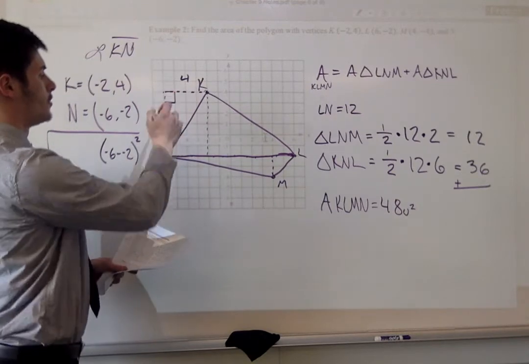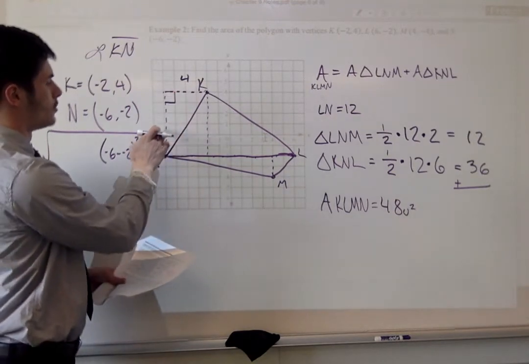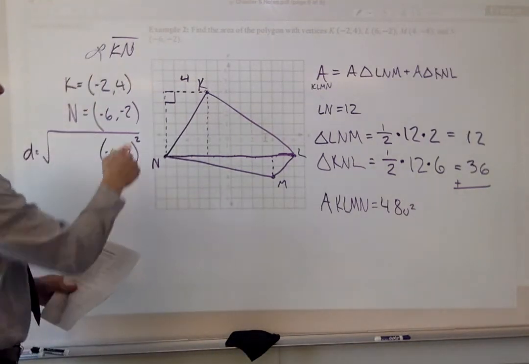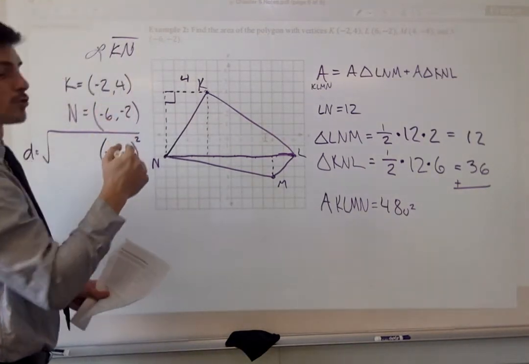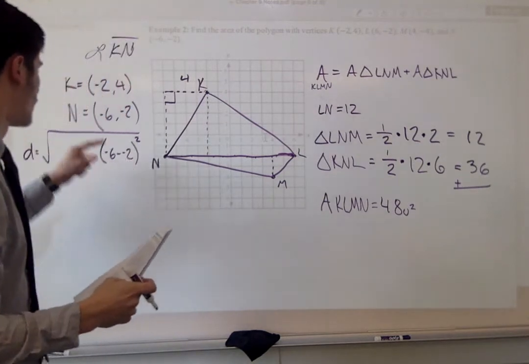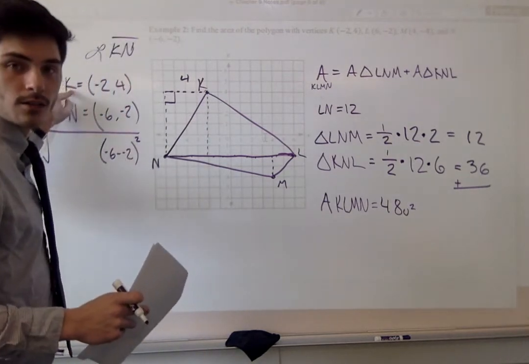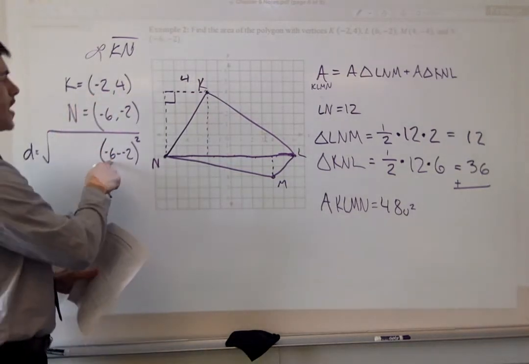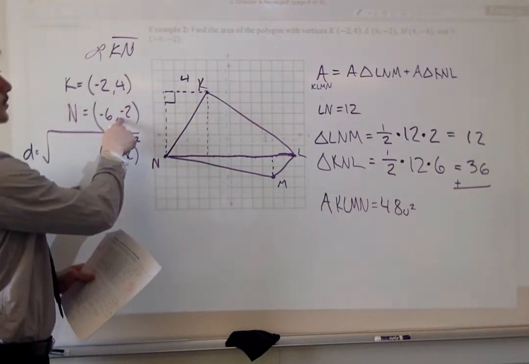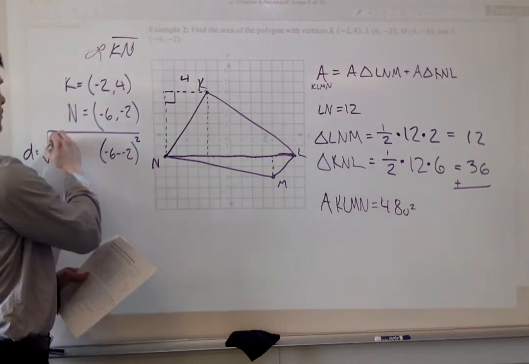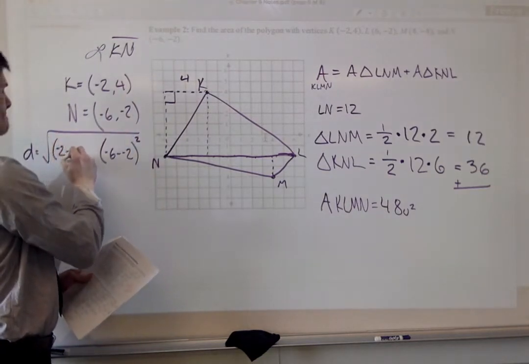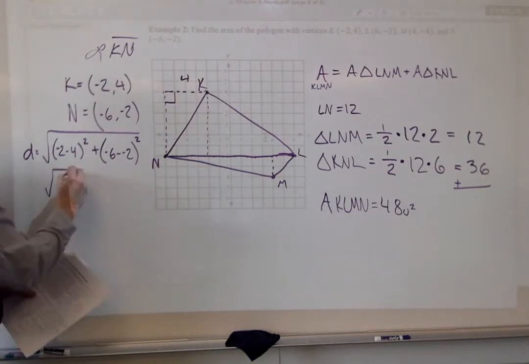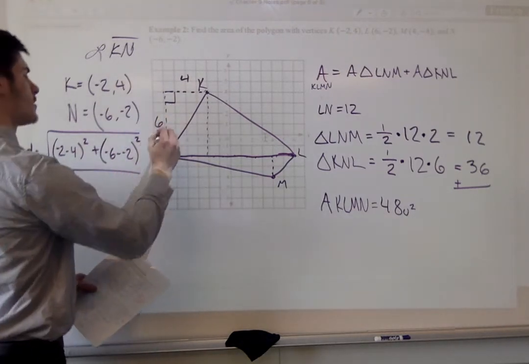So let's keep it going. For the y values, we know that we're going to get 1, 2, 3, 4, 5, 6. 6 is going to be our total, and the way we get that is by subtracting in the same order. So if we went N minus K for x, we're going to do N minus K for y. So we did do N minus K, so we're going to do negative 2 minus 4, and square that. And so we end up getting, like I said, 6.